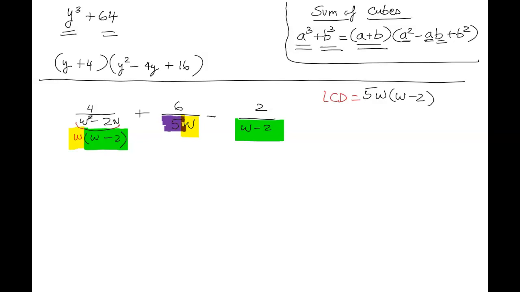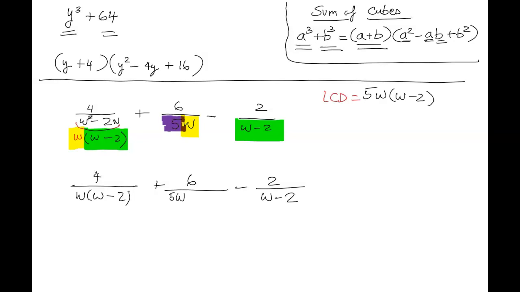So now we need to find an equivalent expression for all those three terms with the LCD of 5w times w minus 2. All right, so as a shortcut, I'm going to rewrite this here, 4 over w times w minus 2, right, plus 6 over 5w, and then minus 2 over w minus 2.